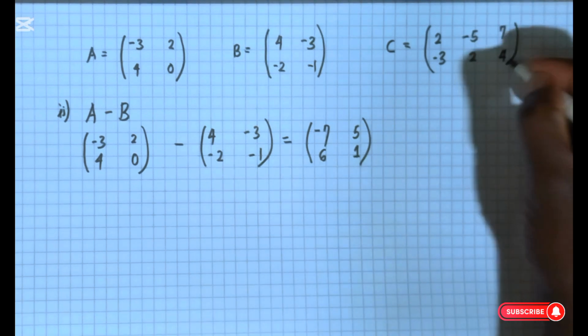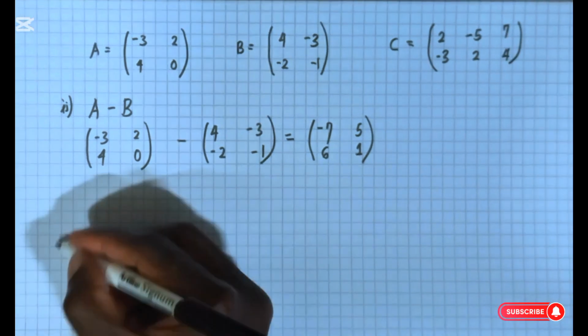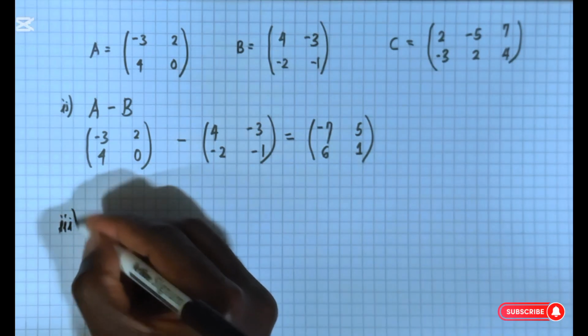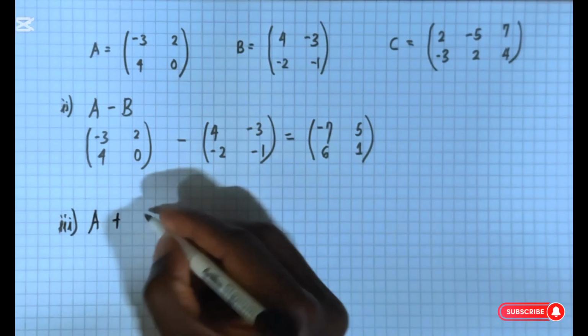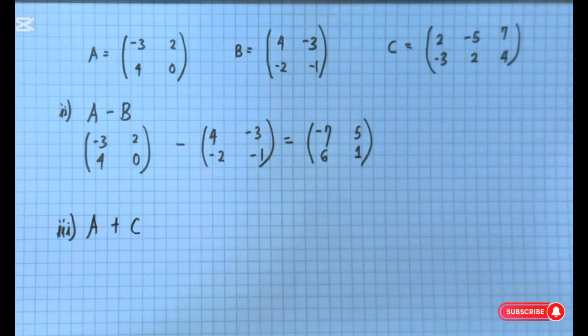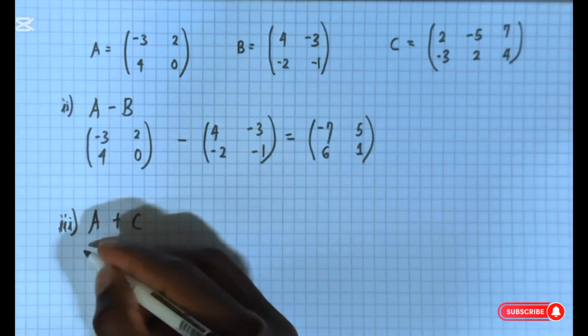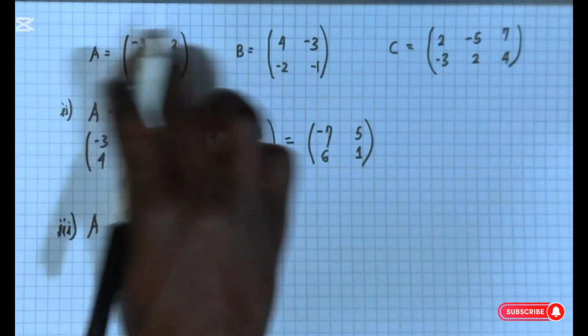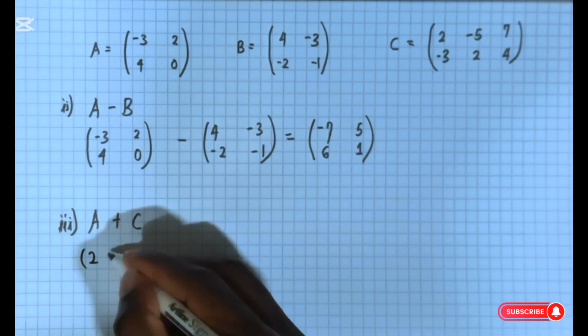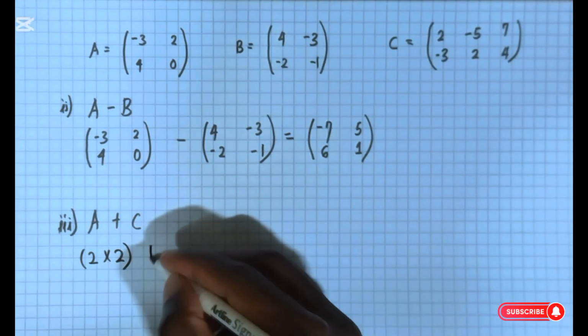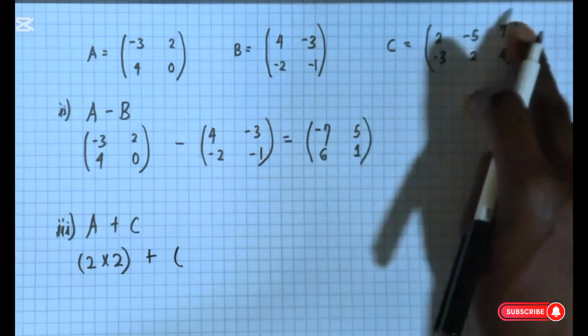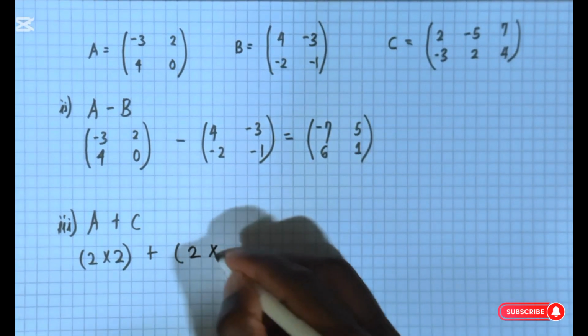Suppose we were supposed to add A plus C. Now we would not be able to add A plus C. Why? What is the order of A? The order of A, you can clearly see, is 2 by 2. And what is the order of C? The order of C is 2 by 3.